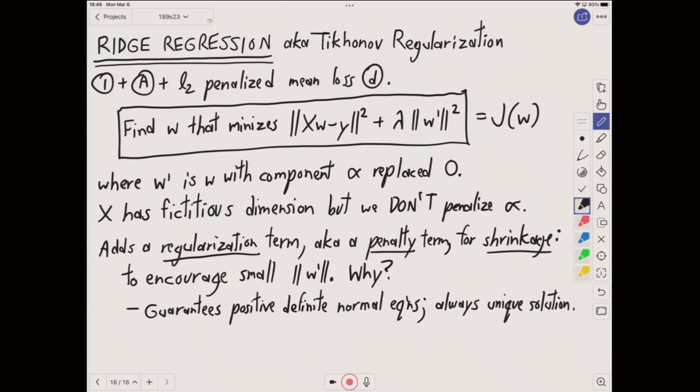So the situation where we care about this is, recall that if you have a set of sample points in feature space that all lie in a common hyperplane, then the X transpose X matrix that comes up in the normal equations will generally be singular, and so you can't solve the linear system.